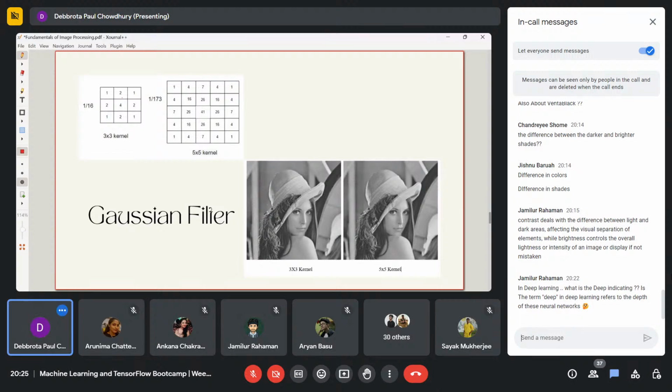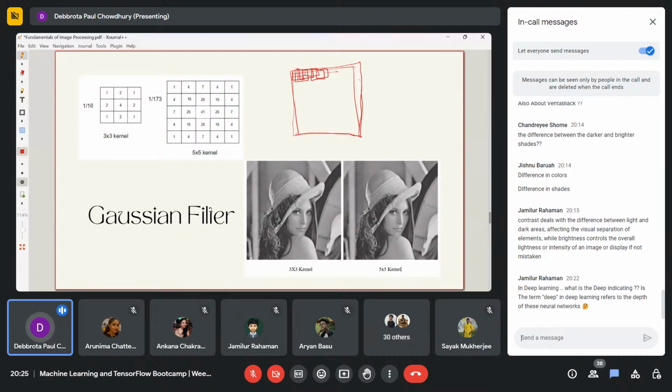Again, I forgot to take the original image. So let's say you have the original image here, and if you apply this 3 by 3 filter, or kernel, same thing over here, then take the next one, then slide it to the next window.